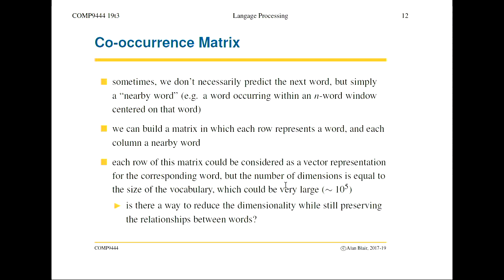Now, sometimes we don't necessarily want to predict the next word, but we just want to know which words are likely to occur near each other. If we have a certain word, what's the likelihood that another word will occur nearby, say within a 2-word window or a 10-word window, maybe 5 words on either side? So we could build a matrix in which each row represents a word and each column is a nearby word.